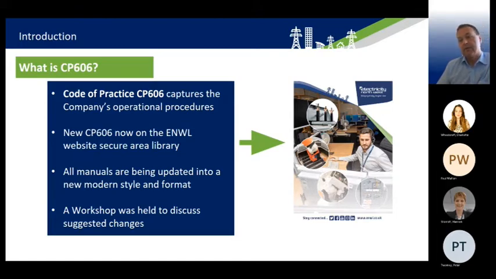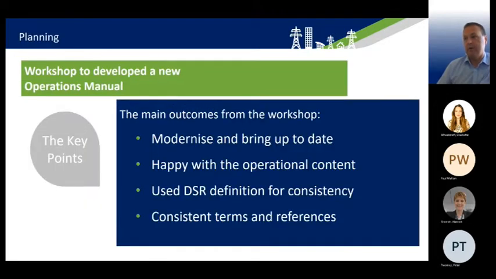At the start of the process, we held a number of workshops in each of the areas to get feedback in terms of what was good, what was bad, what needed to be improved. From that, we had a list of areas to focus on. The next slide covers the main points that came out of the operational workshop, and that was to bring the manual up to a modernised style and bring it up to date.